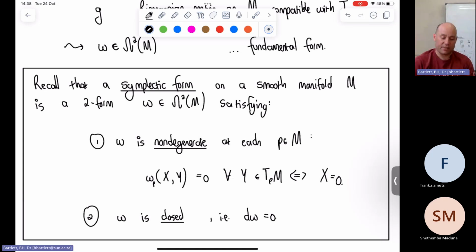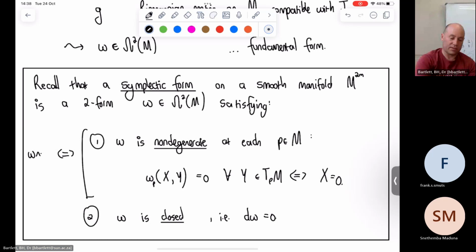This would automatically imply that the manifold has to be even dimensional. So if it has dimension 2m, then this is exactly the same thing as saying that the mth wedge power of omega is non-zero. Okay, maybe that's a nice exercise as well.